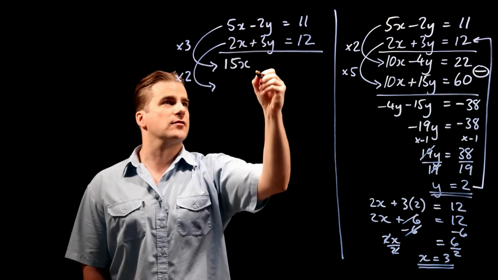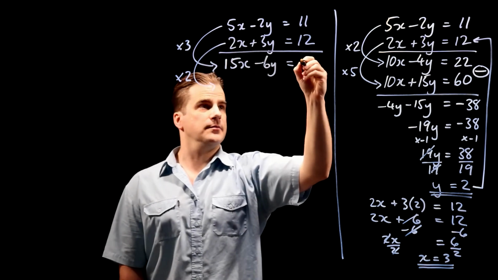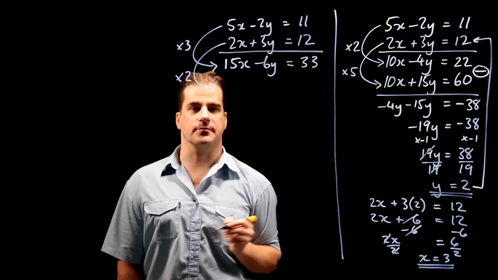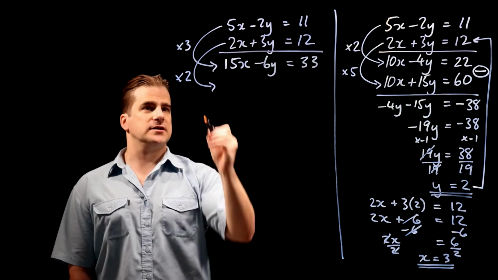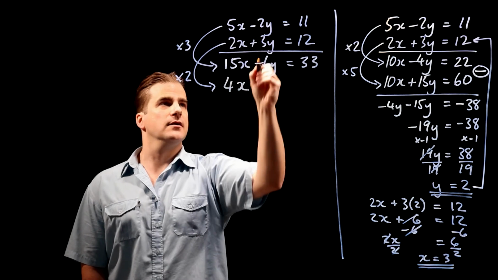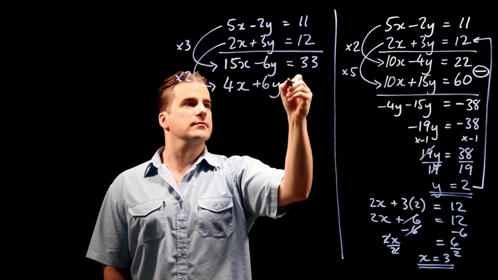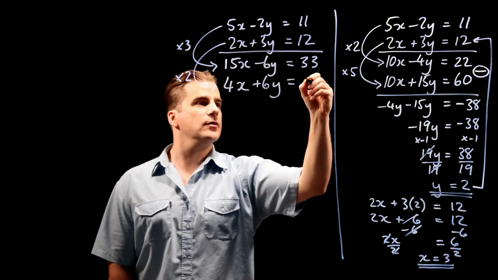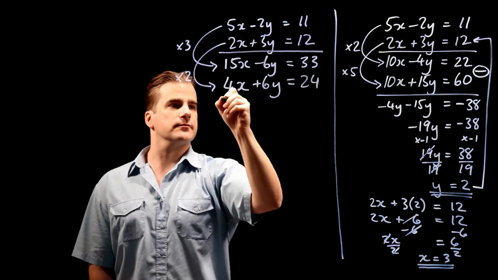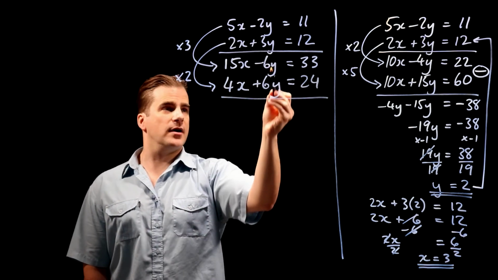Minus 2y times 3 is minus 6y. 11 times 3 is 33. Bottom equation times 2. 2x times 2 is 4x. 3y times 2 is 6y. 12 times 2 is 24. Okay, we've got the same number of y's.